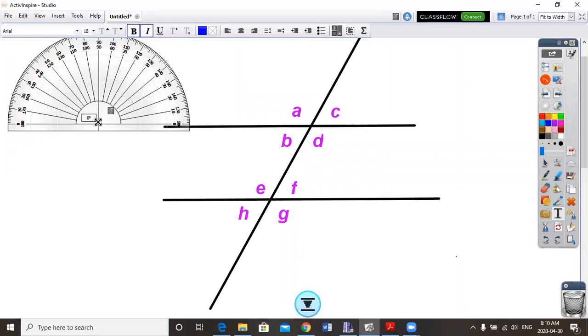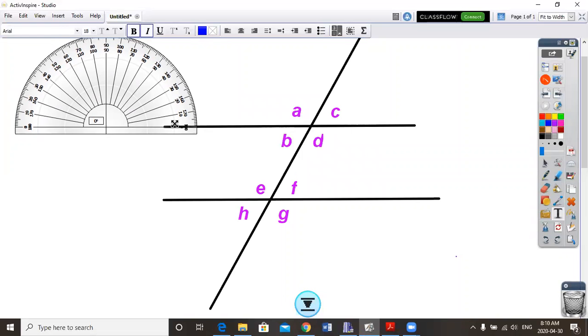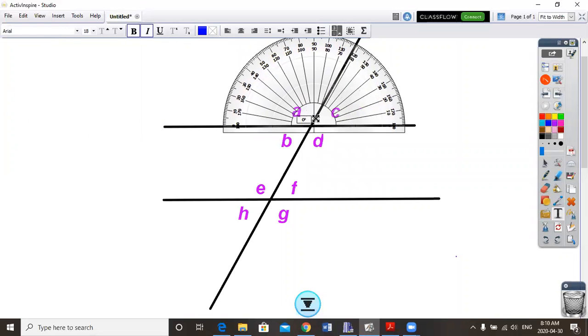To measure an angle, the protractor has the crosshairs. You place the crosshairs at the vertex of the angle. So if we're going to measure angle A and C and B and D, the crosshairs will have to be right at that intersection point of the two lines. So we carefully place the protractor there and we line it up.